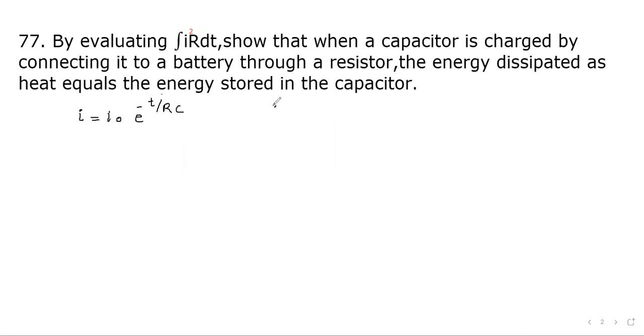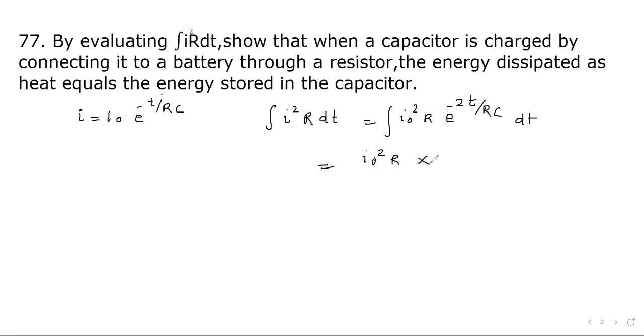Now we have to evaluate the integral of I squared R dt. So it will become I0 squared R times e to the power minus 2t upon RC dt. We integrate it. I0 squared R times this will give RC upon minus 2 e to the power minus 2t upon RC.